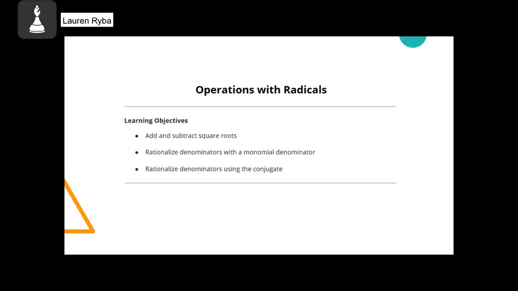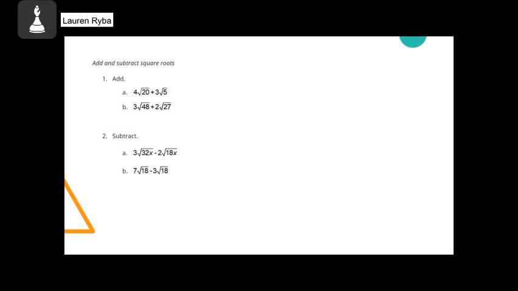Now we're going to go on to adding and subtracting square roots, as well as rationalizing the denominator, which is the rule that we just said we're going to see in a little bit because we can't leave that square root in the denominator. Adding and subtracting square roots is just combining like terms.